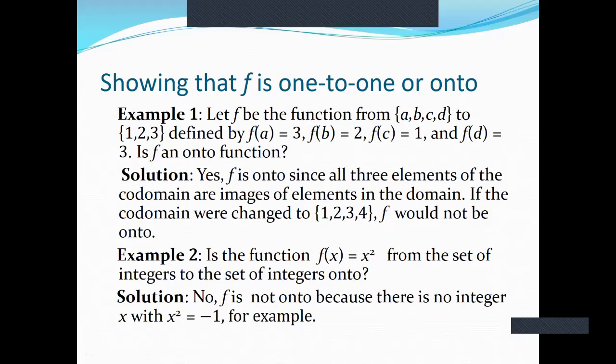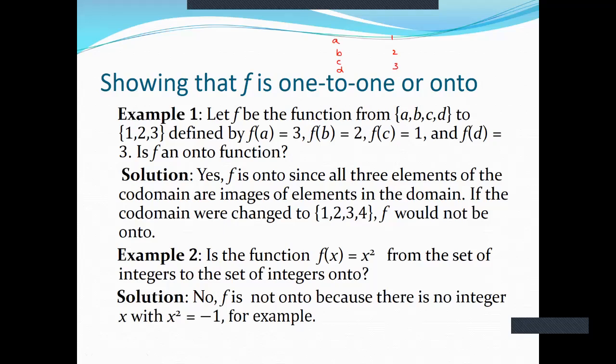There are elements a, b, c, and d, and then elements 1, 2, and 3, and a function f that maps the elements. f of a is 3, so a is mapped to 3.